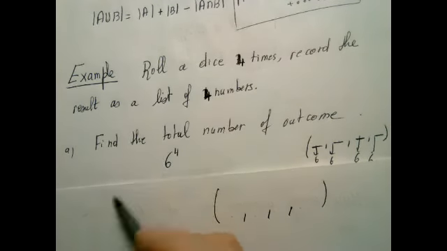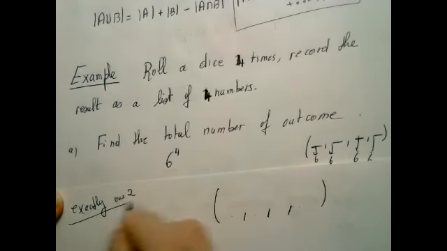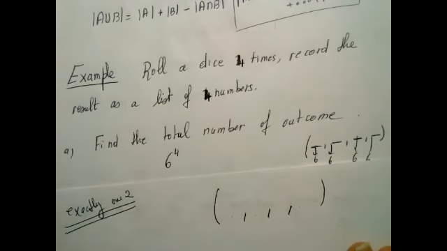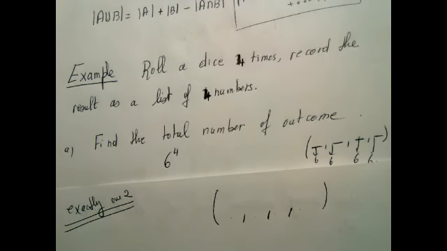So I want exactly 1, 2. Anyone? 1 over, why 1 over 6? Where are you getting 1 over 6 from?